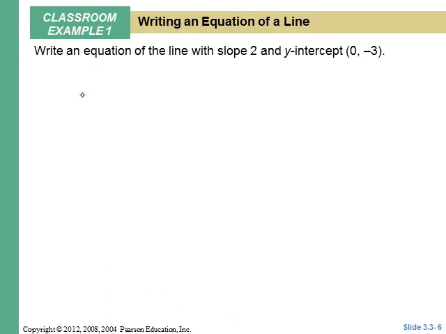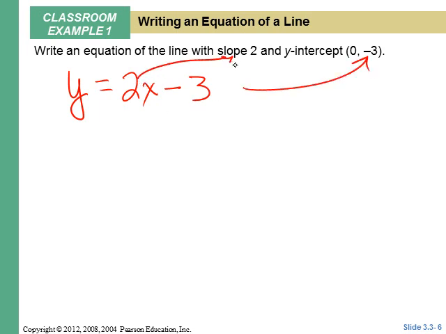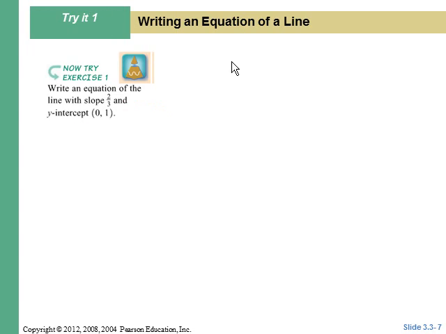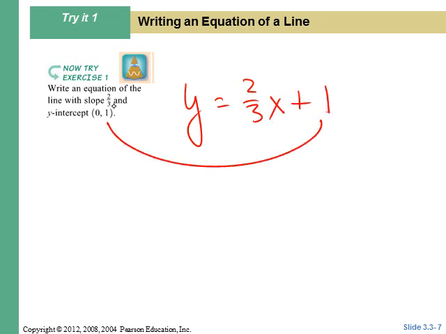Here we go. Write the equation of a line with the slope. Y equals 2x minus 3. This is the y-intercept. This is the slope. So you do this one. So y equals 2/3 x plus 1, 1 2/3.